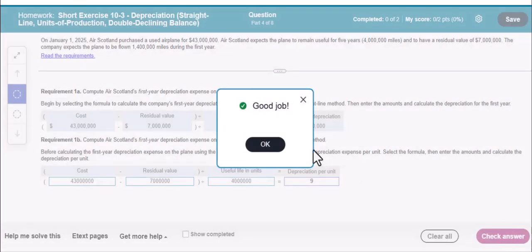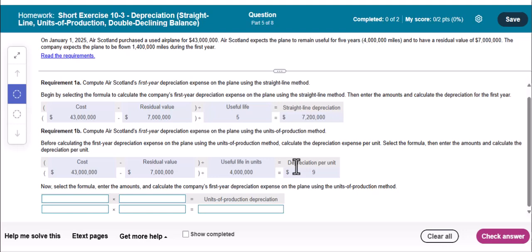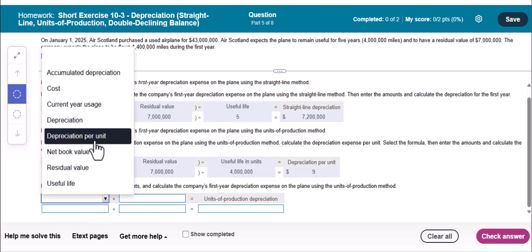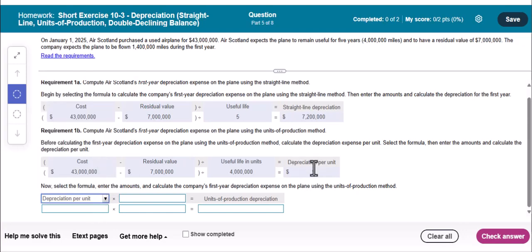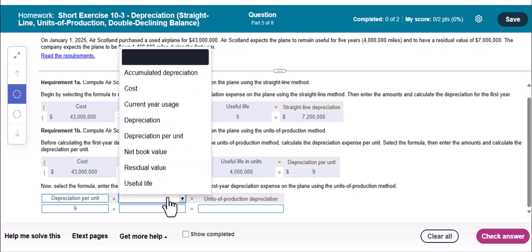Good job. Okay, so moving on here. Now select the formula, enter the amounts, and calculate the company's first year depreciation expense on the plane using the units of production method. So again, that's the second method here. So we need to start by taking the depreciation per unit, which is here the $9. And that's going to be times the current year usage.